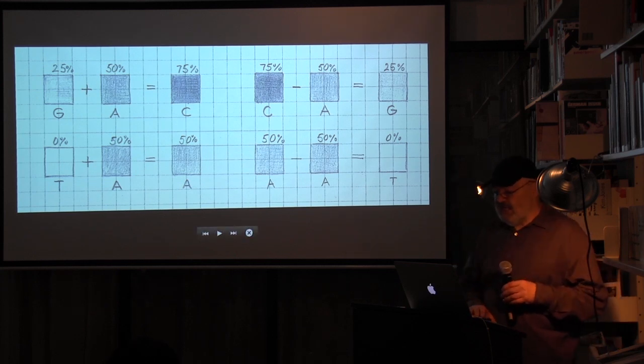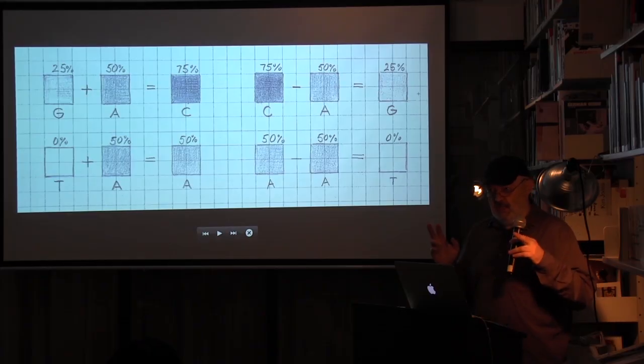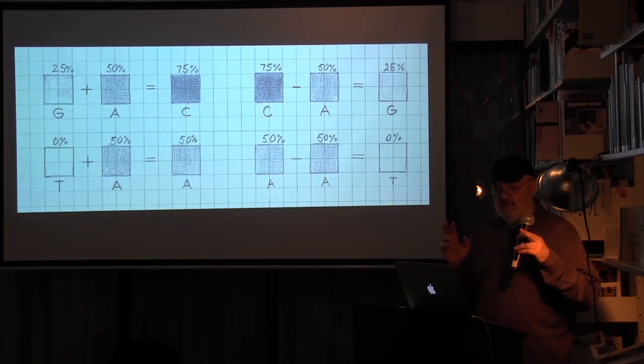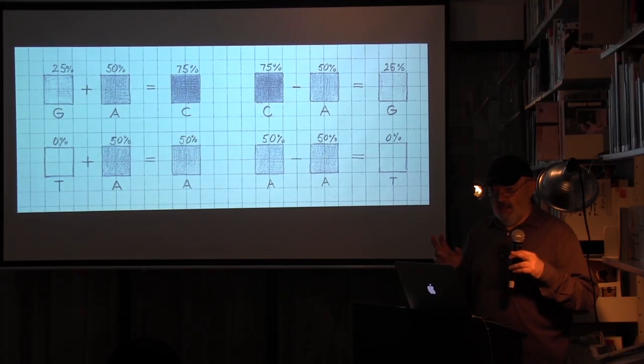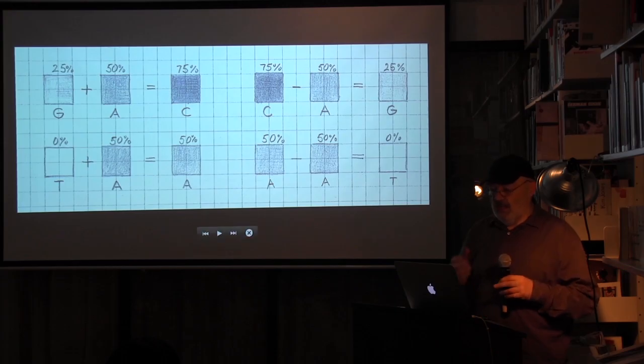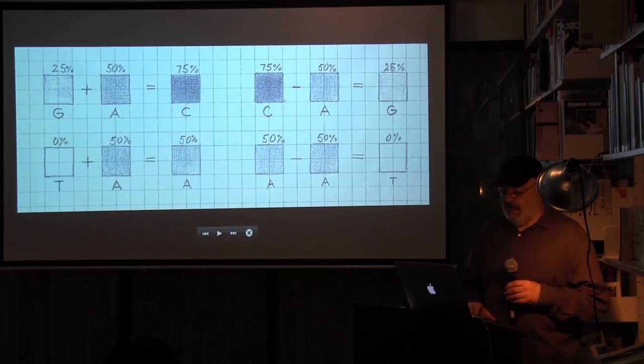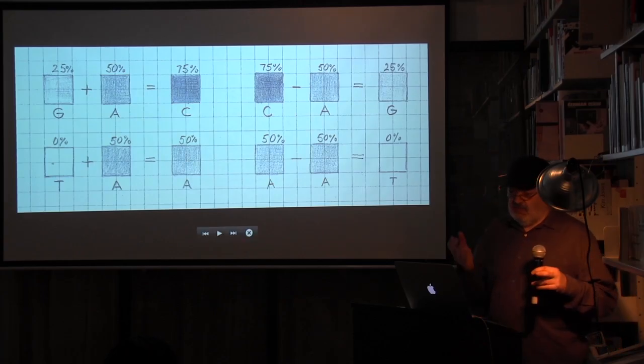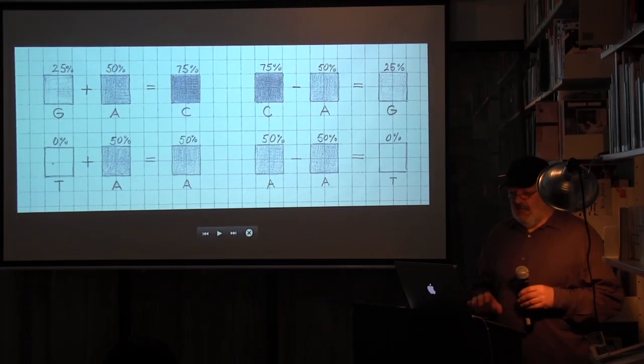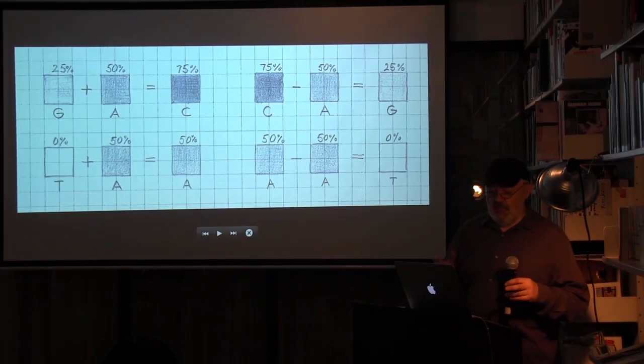If we have CG as a base pair, it is subtraction. We have to subtract the value of adenine in order to get guanine. And same thing here for thymine, which is 0% plus 50%, we get adenine.